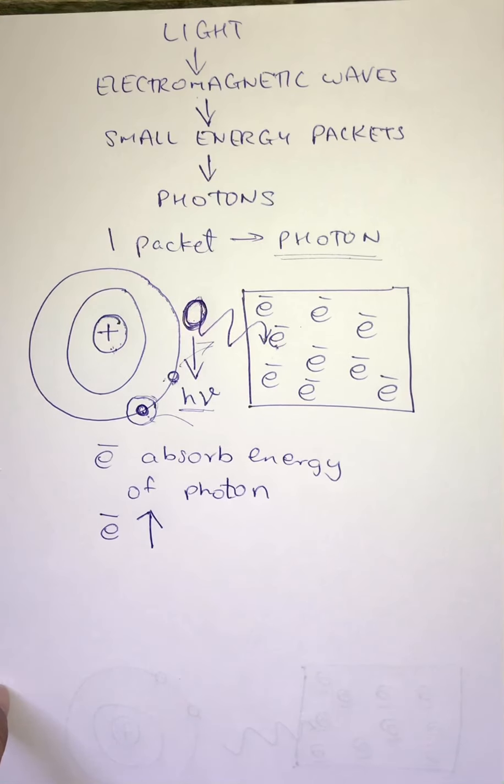So now this electron is free from the nucleus and it has come out of the atom.